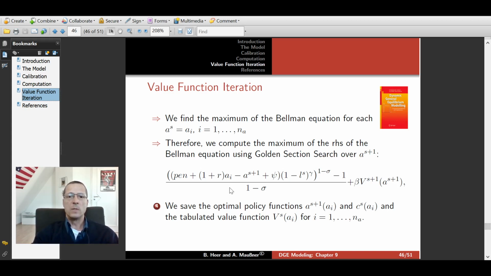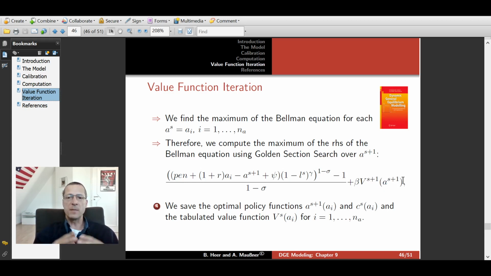So we have our given grid point at age 59, A_i, and we look for the maximum over A_{s+1}, which yields the maximum value of the right-hand side of the Bellman equation, which is the term in the middle of slide 46: pension plus R times A_i minus A_{s+1}, plus psi times leisure, which is equal to 1, plus beta times the next period value function. And we do this over a search over A_{s+1}.